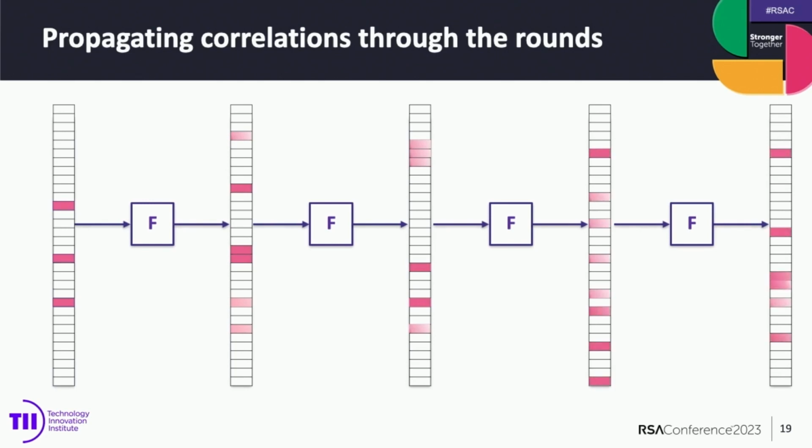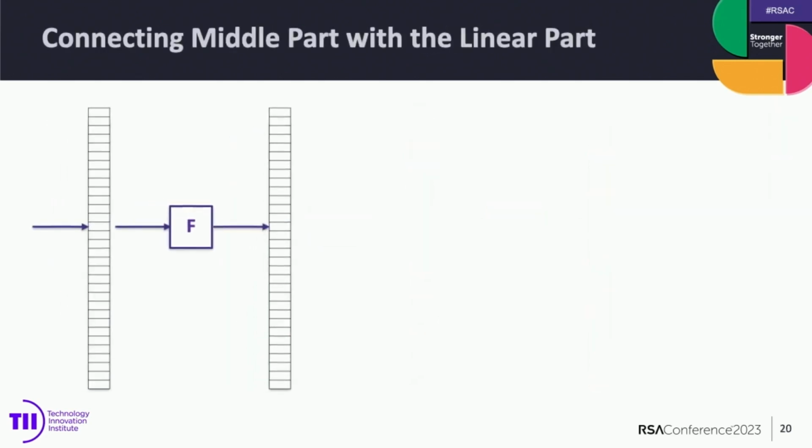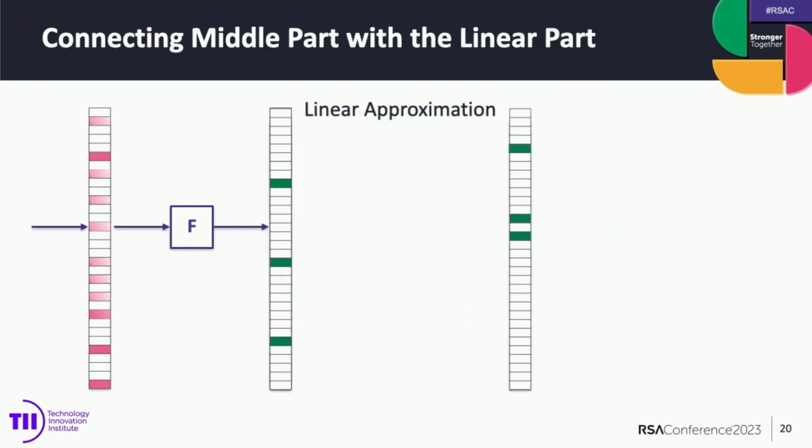Okay, and to connect the middle part with the linear part, we need to use the input mask of the linear part. Specifically, we need to apply this input mask in the output of the differential linear part. And here I am representing with the color green the active bits in this input mask of the linear part.